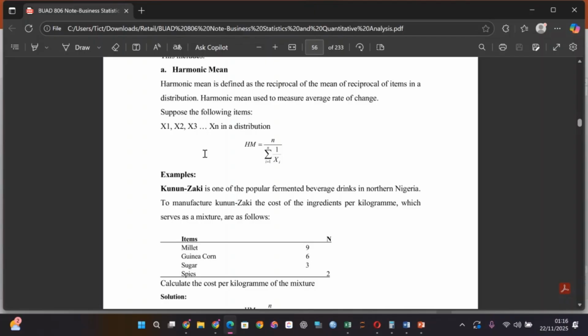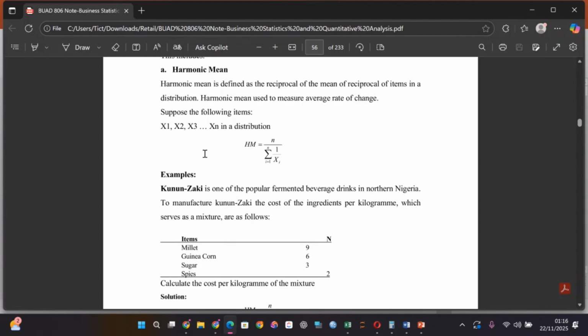Maybe you want to buy goods, like phones. One phone is 20,000 and you are buying like 50. So you need to calculate your cost per unit. And the cost per unit is going to change, right? The rate is going to change.